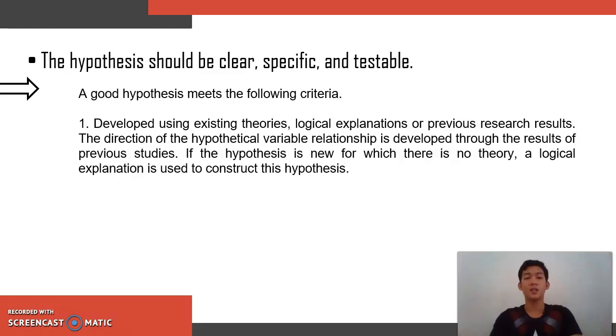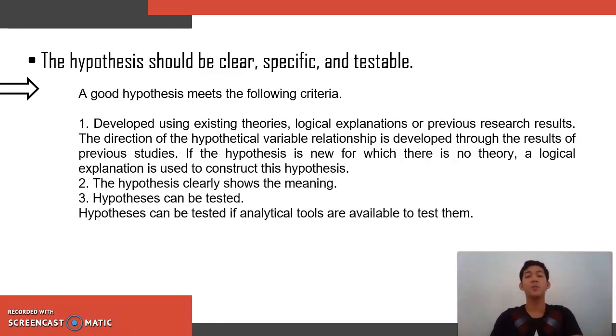For the direction, the hypothetical variable relationship is developed through the results of previous studies. But if the hypothesis is new and there is no theory, a logical explanation must be constructed for this hypothesis. Next, the hypothesis clearly shows the meaning.